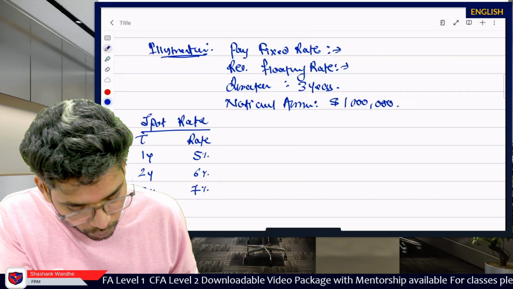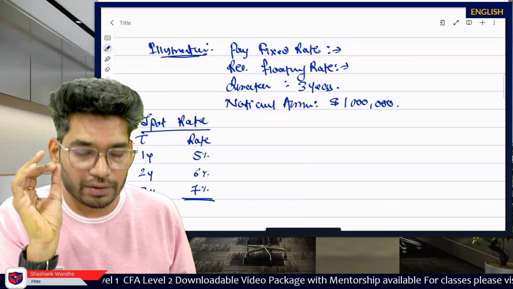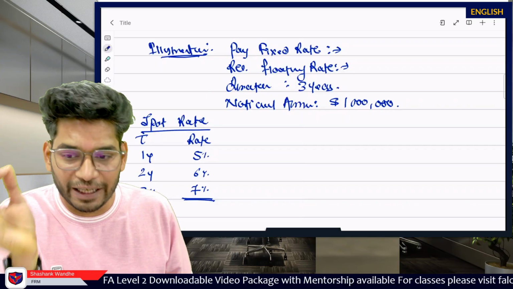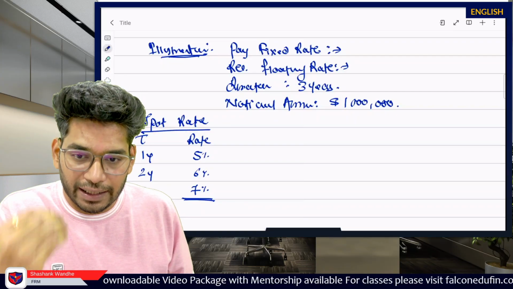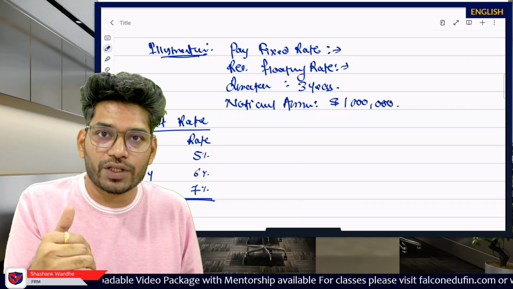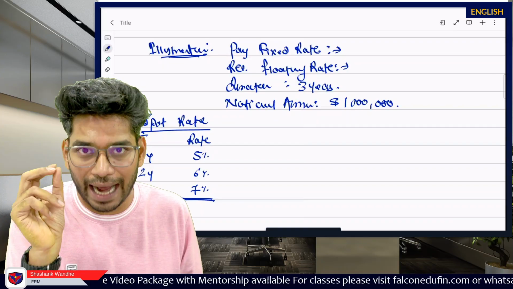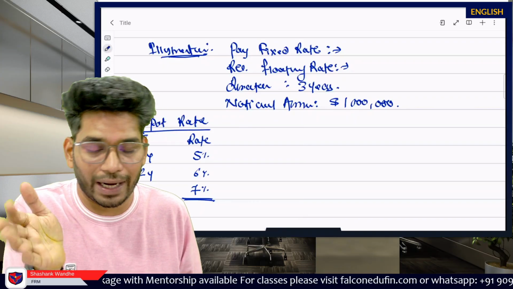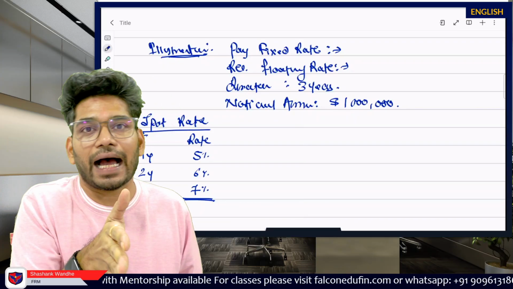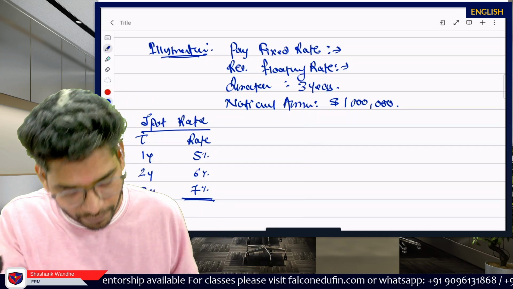So we have to calculate the particular rate which results in a no profit, no loss situation. And that's why we say that at inception there is no value in the swap. That is, the value of the swap is 0 at inception. After that, there will be some value in between.